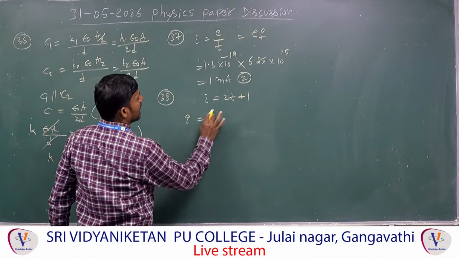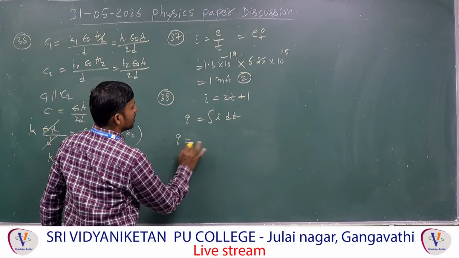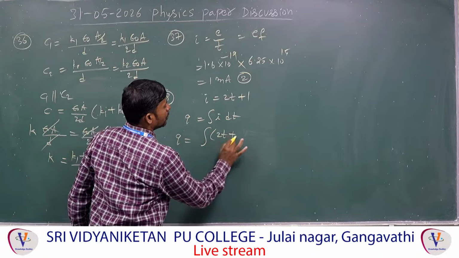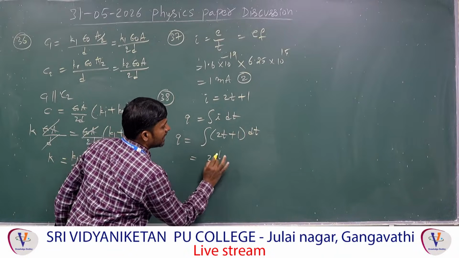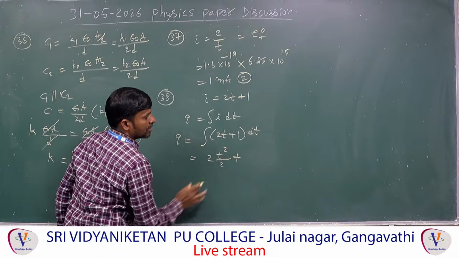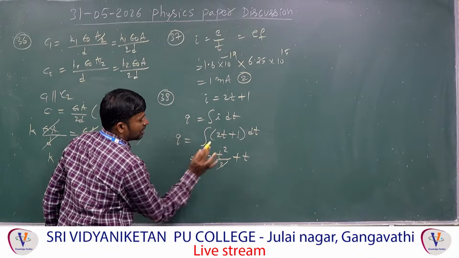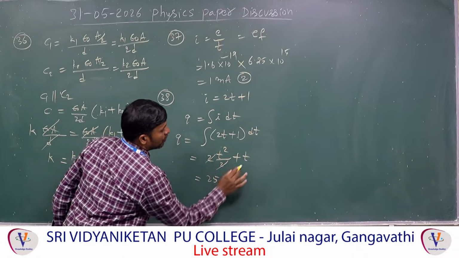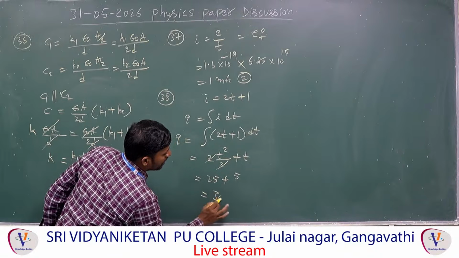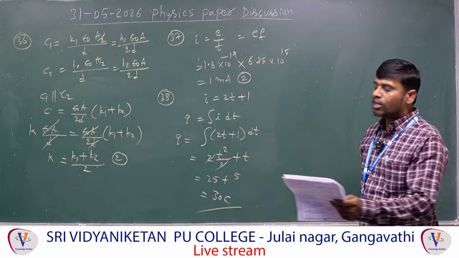Q is equal to integral I dt. That charge Q is equal to integral of 2T plus 1 into dt. 2T dt gives T square by 2 times 2, the 2 cancels. Integral dt gives T. At 5 seconds, 5 square is 25, plus 5, is 30 coulombs. Like option 3.